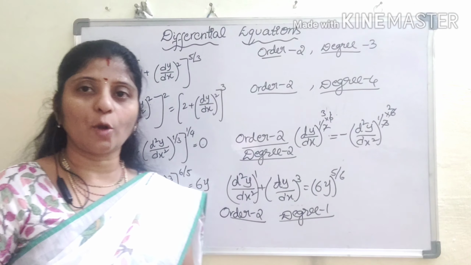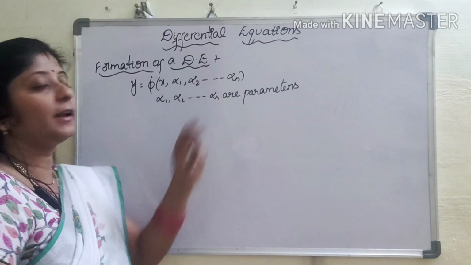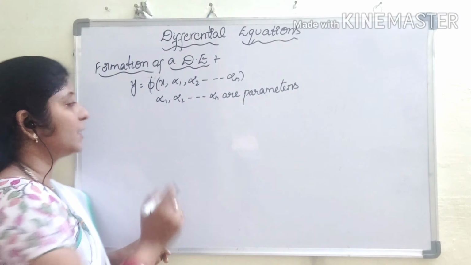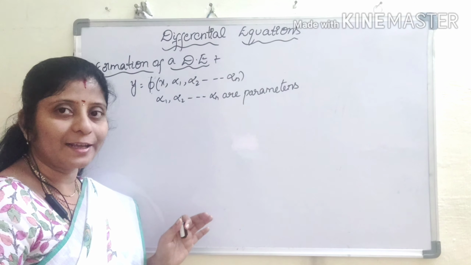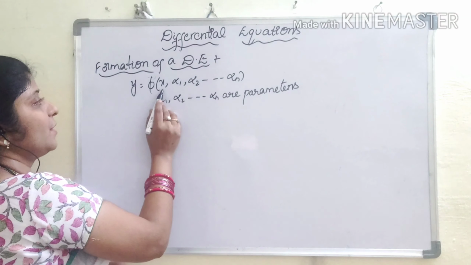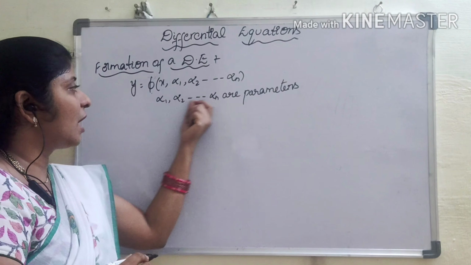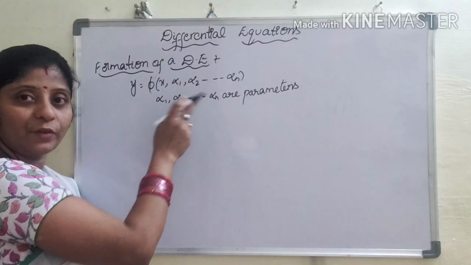Now we will see the next topic. Now we are going to know how to form the differential equation. Let us consider a normal function y in terms of x and in terms of arbitrary constants, y is equal to phi of x comma alpha 1, alpha 2 and so on alpha n. These alpha 1, alpha 2, alpha n are the parameters, y in terms of x.